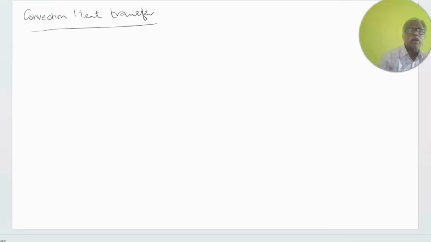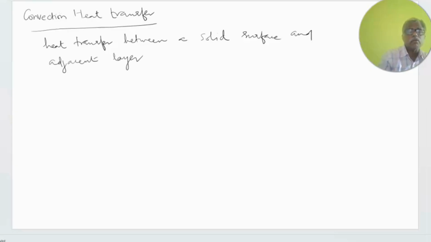It is defined like this: heat transfer between a solid surface and an adjacent layer of fluid which is in motion. This is the definition for convection heat transfer.